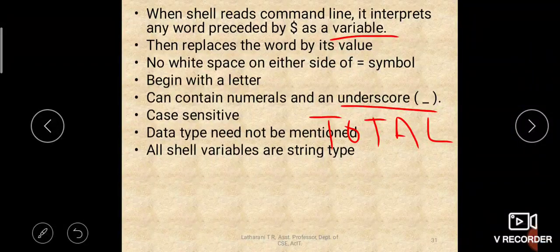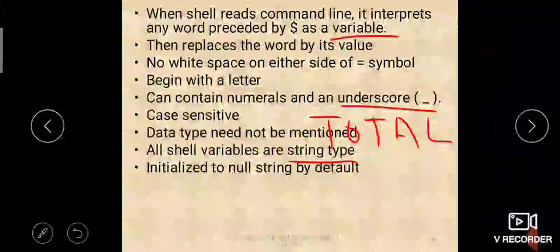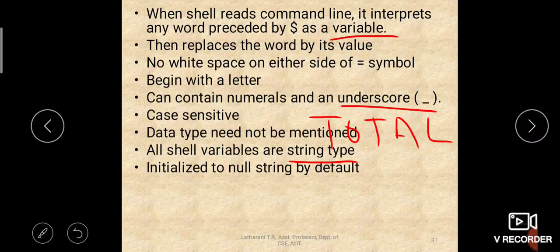All shell variables are string type. So as soon as you create the variable, it will be of string type, initialized to a null string. As it is a string type, by default it can have a null string value like this, x="". Two double quotes with nothing in between means it is null.